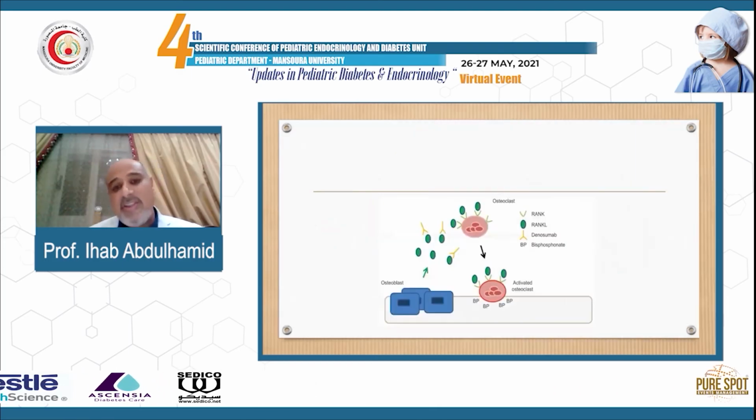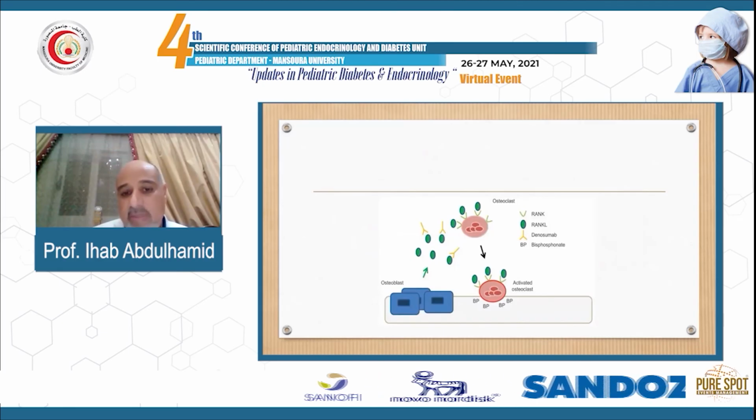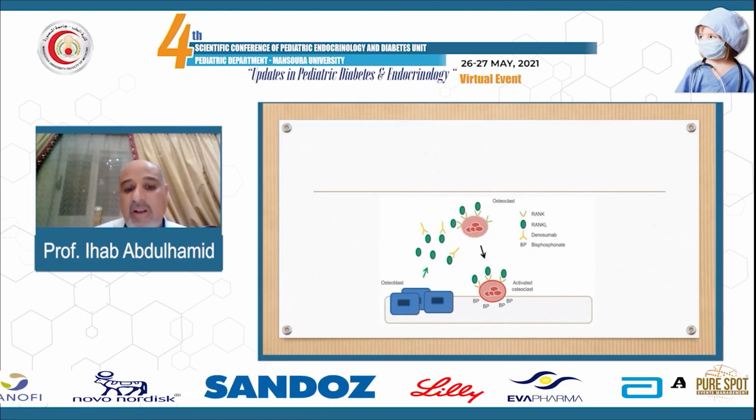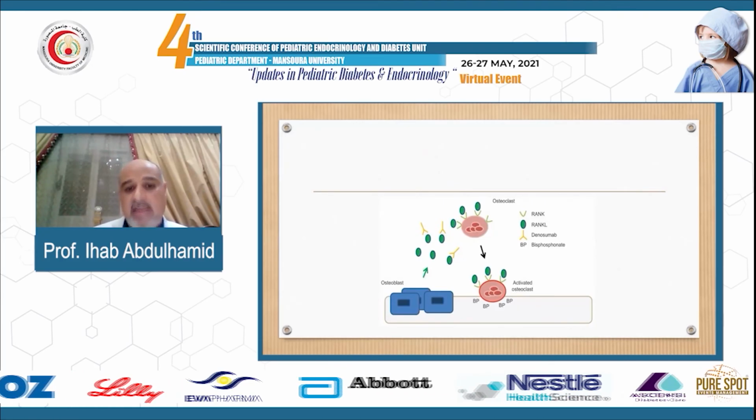When we are differentiating between bisphosphonate and denosumab, the bisphosphonate will go to the bone mineral and bind to the bone mineral and enter into the activated osteoclast, causing apoptosis of the osteoclast.